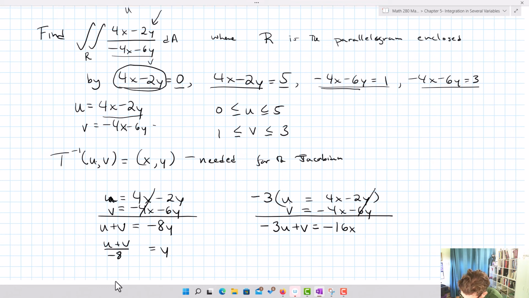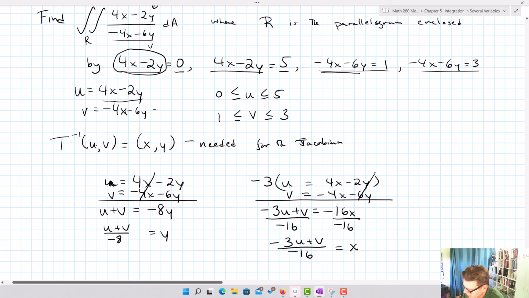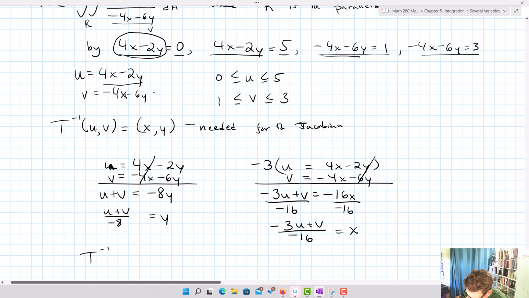Just with our system of equations, we can divide through by negative 16. So negative 3u plus v over negative 16 is equal to x. So that gives me my inverse transformation, T inverse of xy, sorry, it should be T inverse of uv.